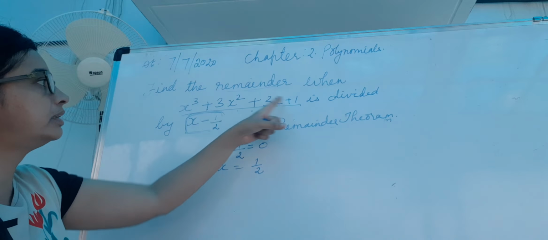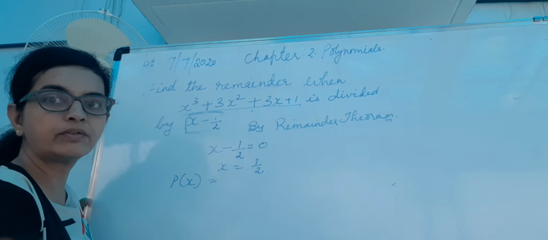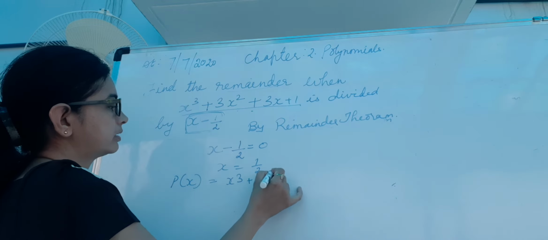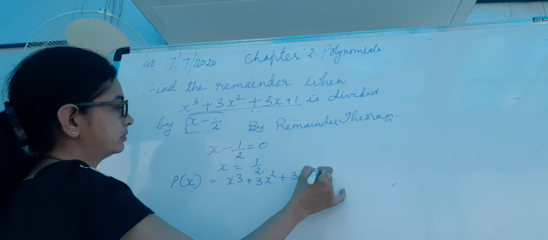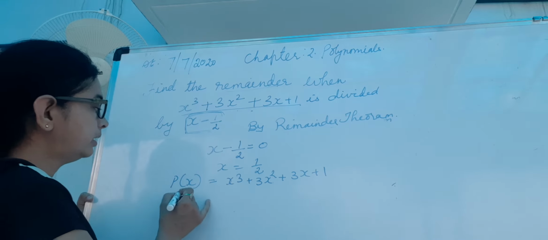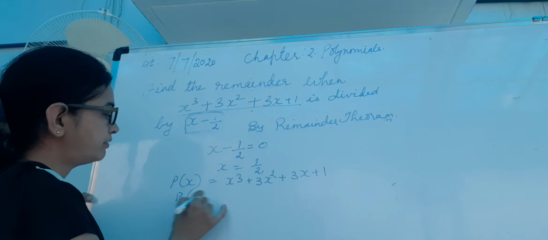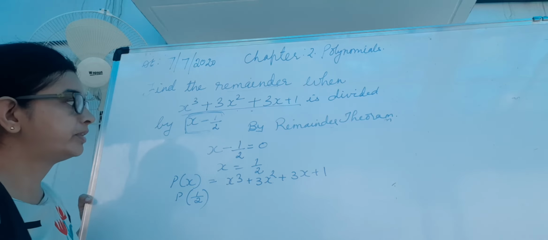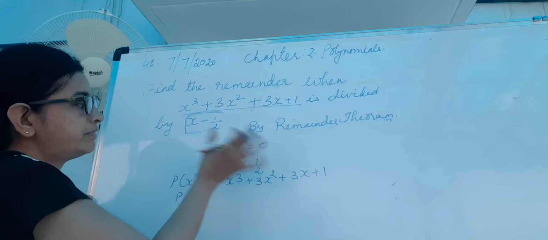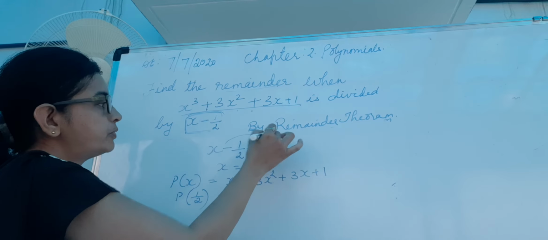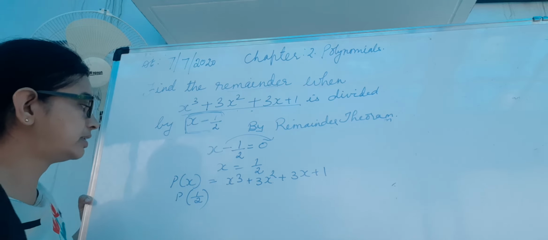We are going to write the polynomial as it is in the question. Now replace this x with half. That's all. The first step, you remember, x minus half is equal to 0. x is equal to half because we transposed minus half to the RHS.